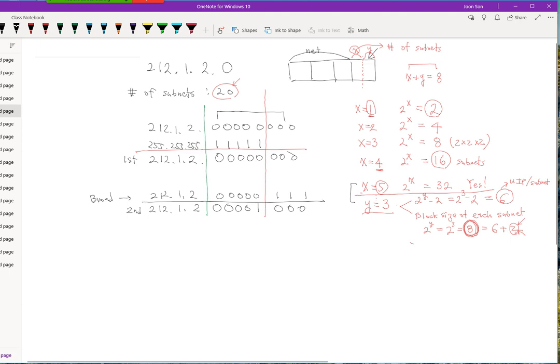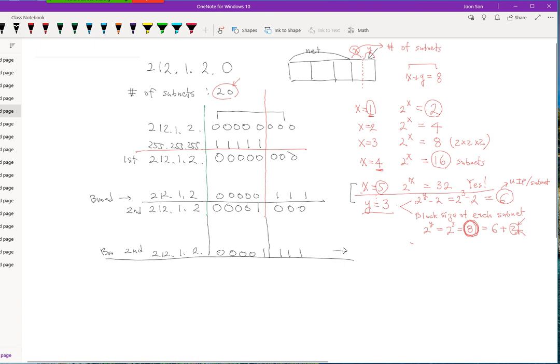And if you want to find the broadcast address of the second subnet, the subnet portion is the same, and then your host portion is all ones. If you convert this into decimal form, you can get the broadcast address of the second subnet, right?